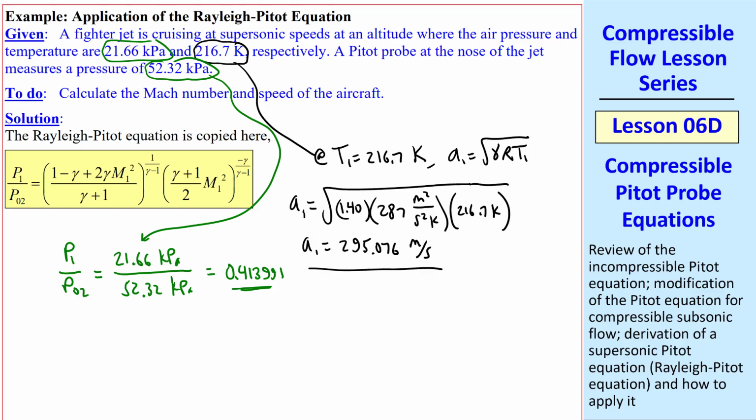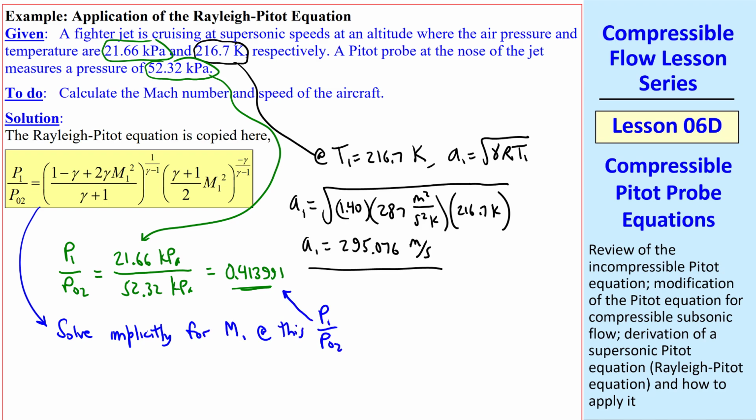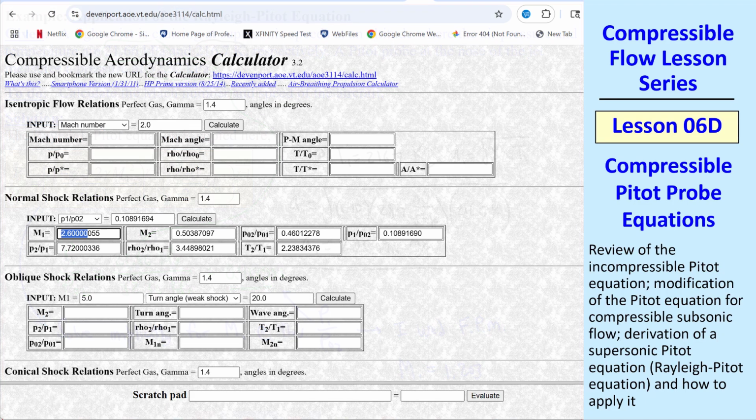Finally, to calculate the Mach number, we solve implicitly for M1 at this P1 over P0 2 value. I used the false position method and got M1 equal 1.203, and I'll quickly verify that with the compressible aerodynamics calculator.